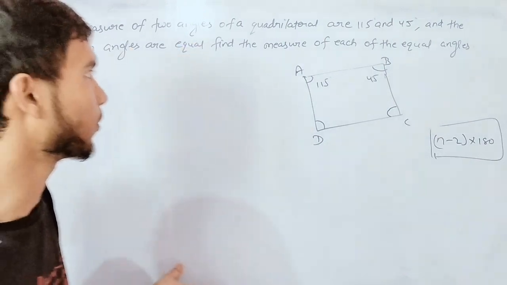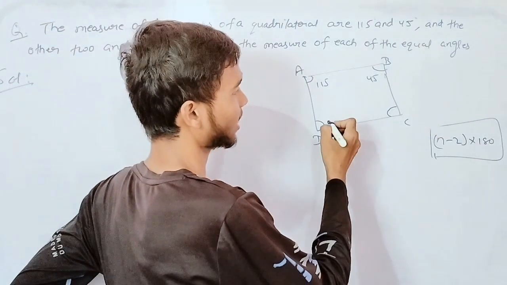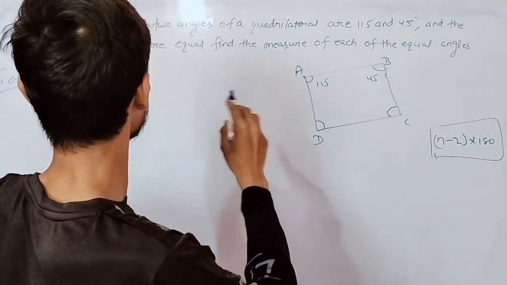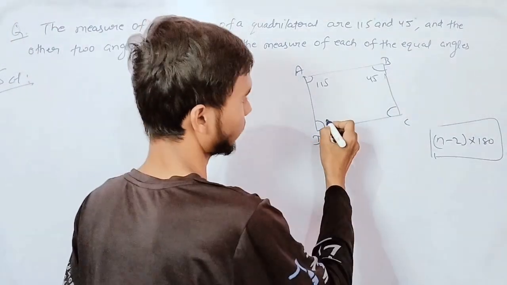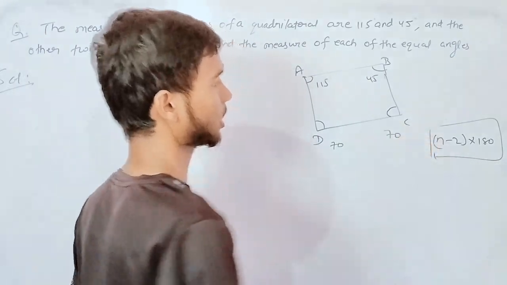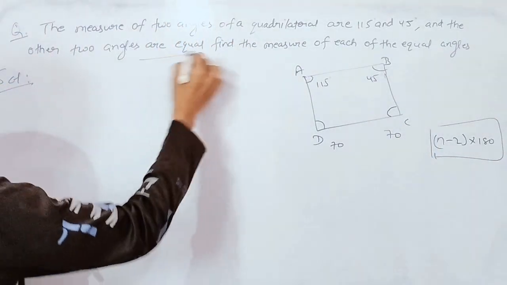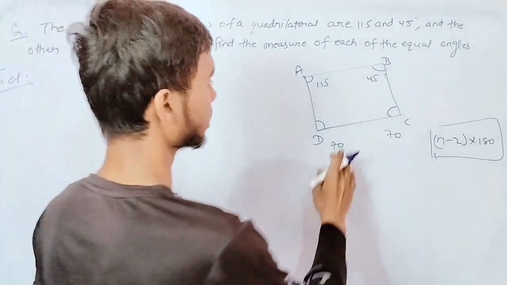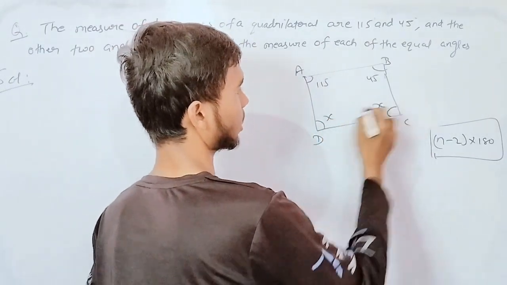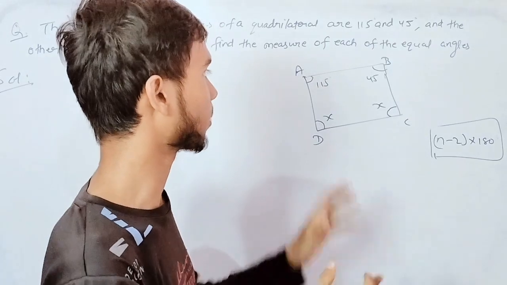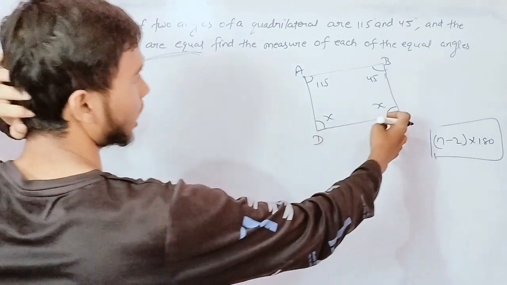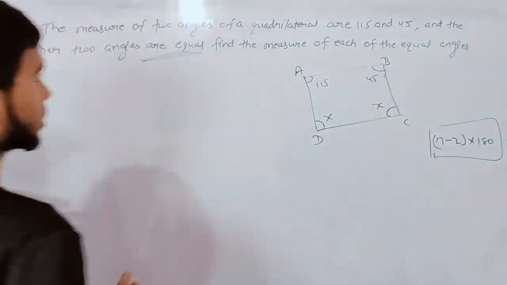We don't know what the number will be, but it is saying that the two angles are equal. If this would be 70, then this also would be 70. If this is 60, then this will be 60. Since we don't know, we consider it as x.